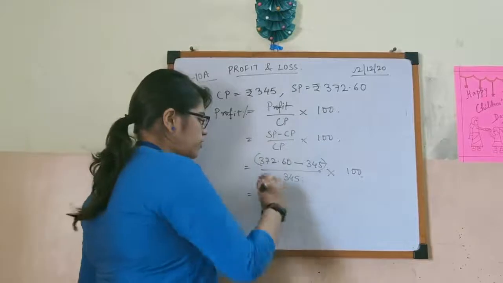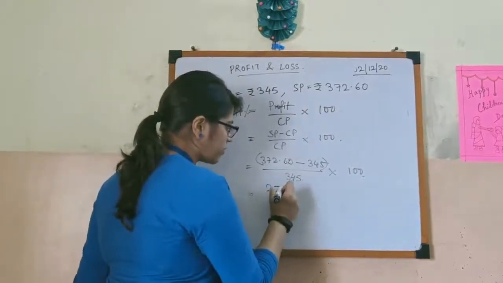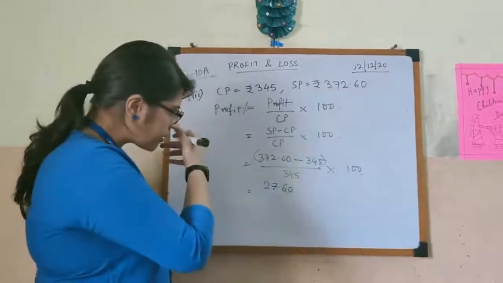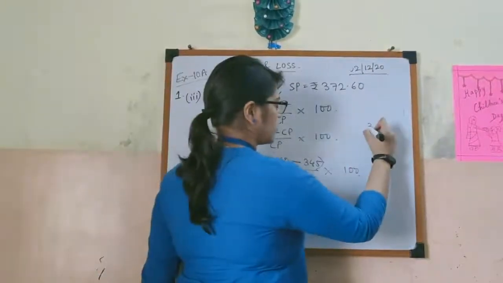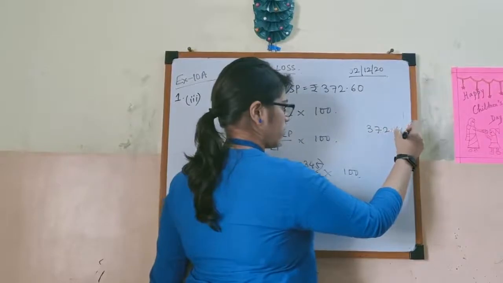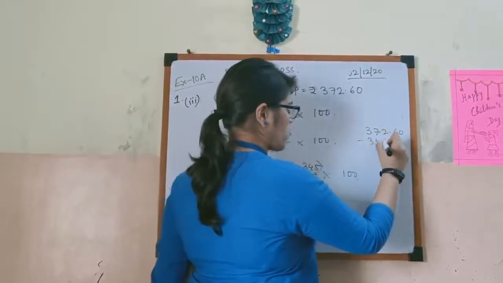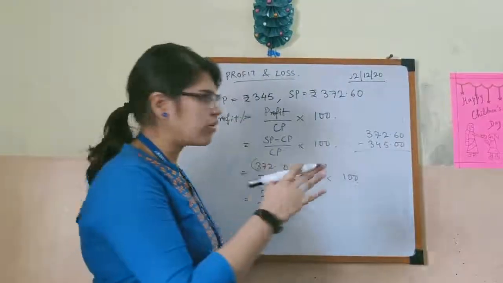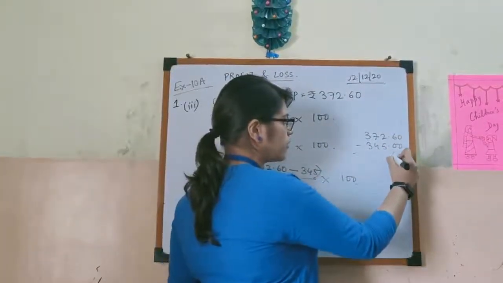So this will give us 27.60, if I subtract them. Since we have nothing here, I am putting 0.00. So this will give us this.